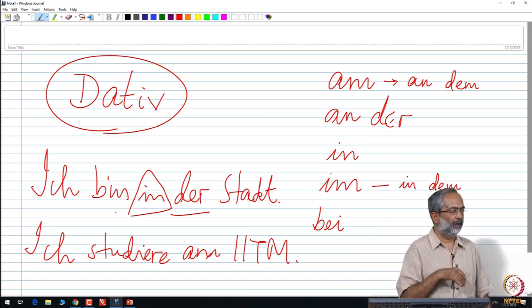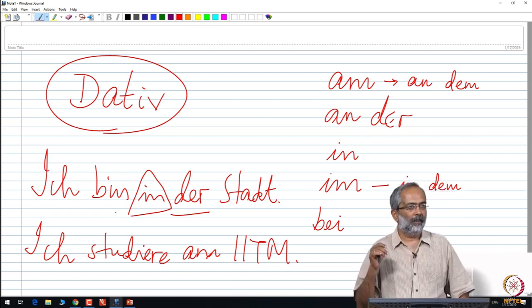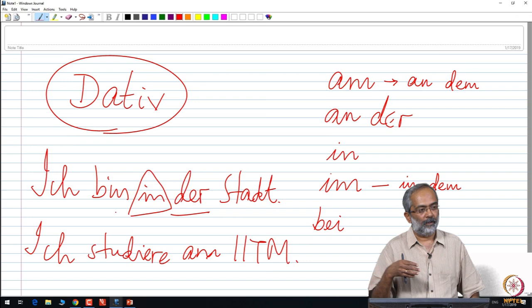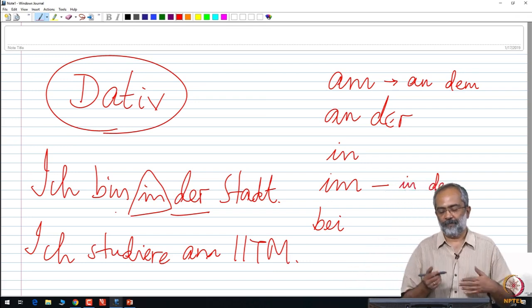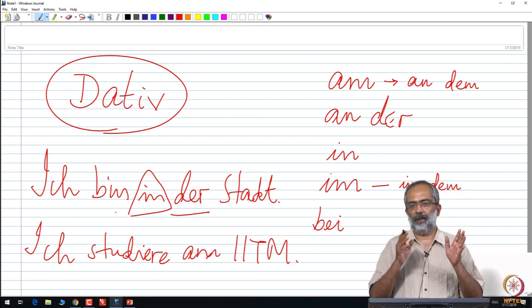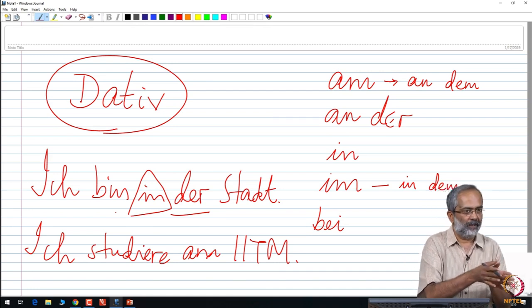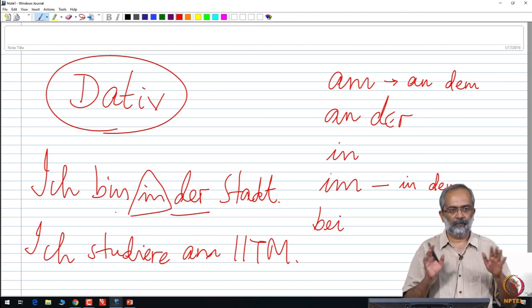So in is a preposition, and in as a German preposition has certain attributes by virtue of which it can render the noun to which it is attached either in the accusative or the dative case.